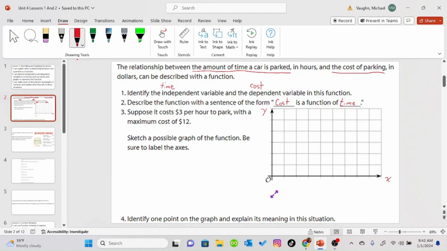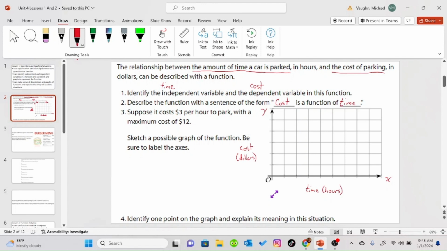And our x-axis is our independent variable. In this case, that's time being measured in hours. And the y-axis is our dependent variable. In this case, that is cost. And that is measured in dollars.